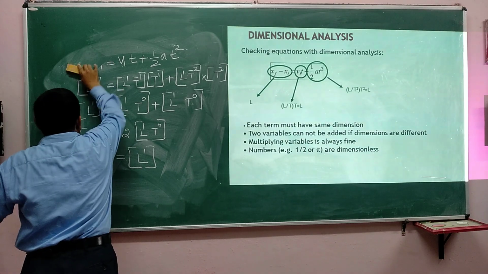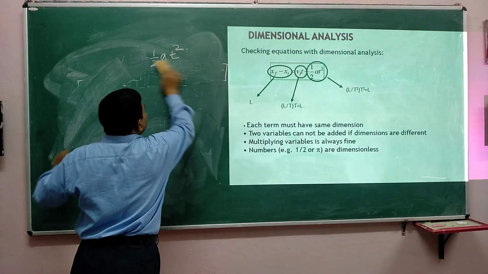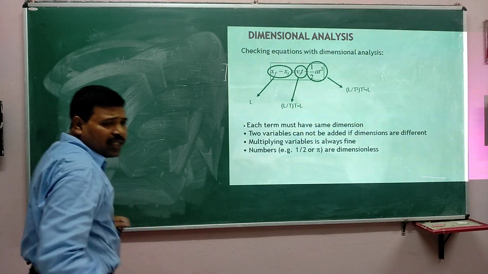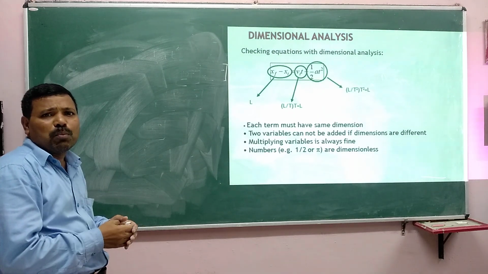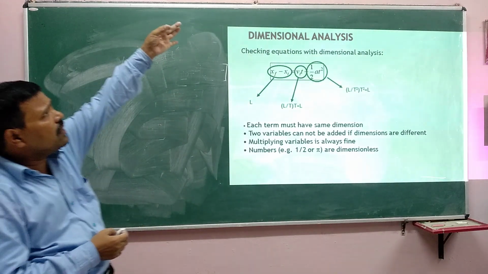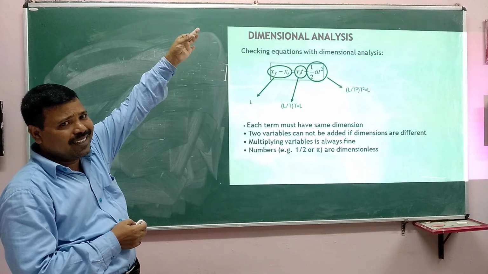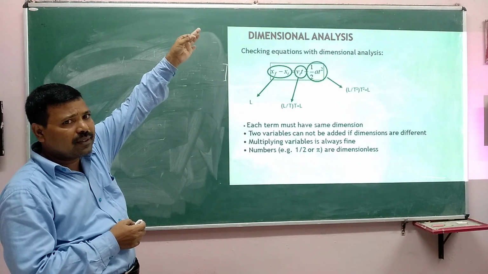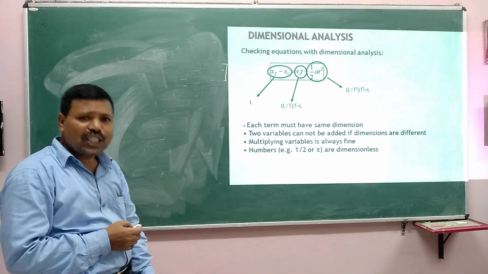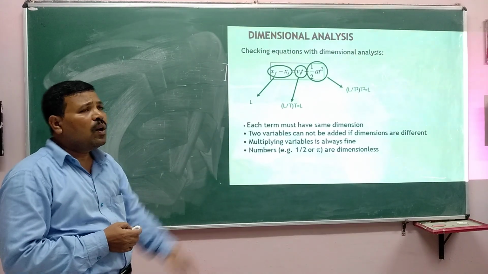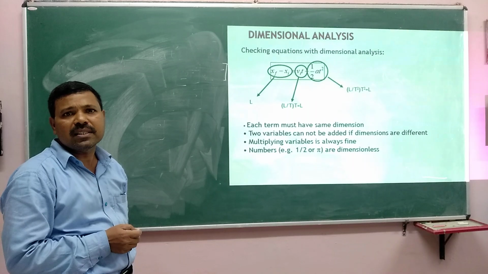Say for example, potential energy is equal to kinetic energy. At the highest point, the object will have potential energy. At the highest point, when the object is at rest, just before reaching the ground, all that potential energy is converted into kinetic energy.